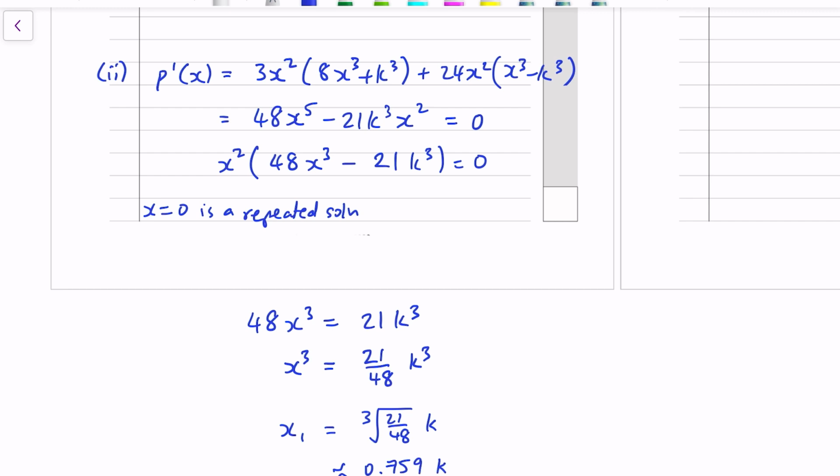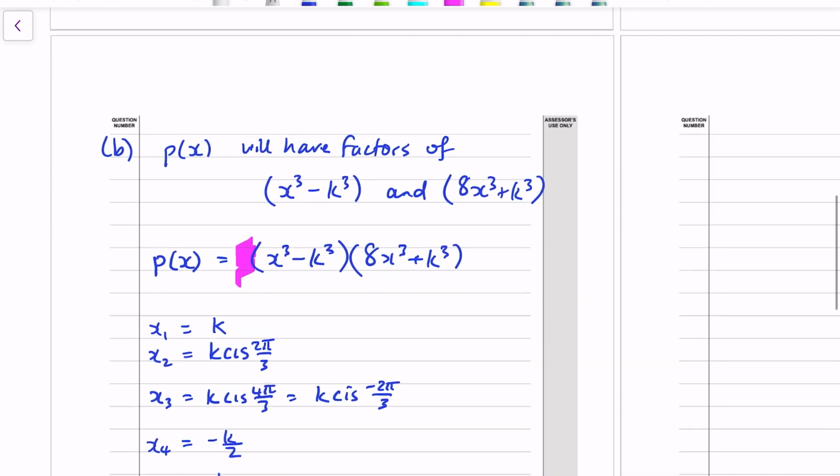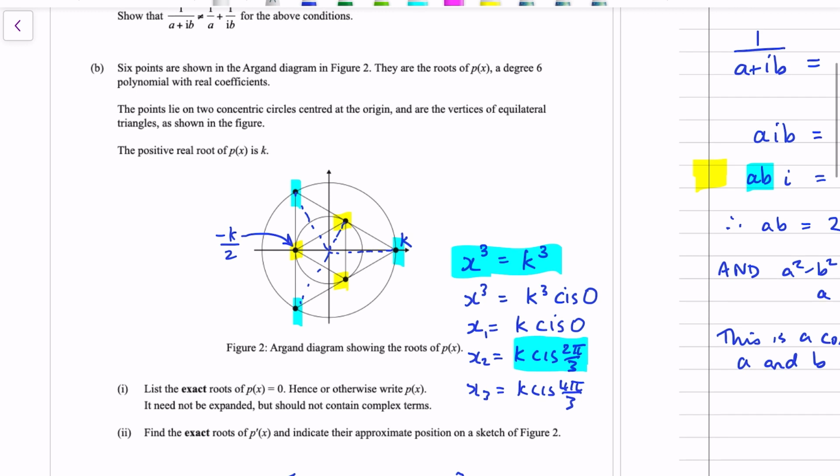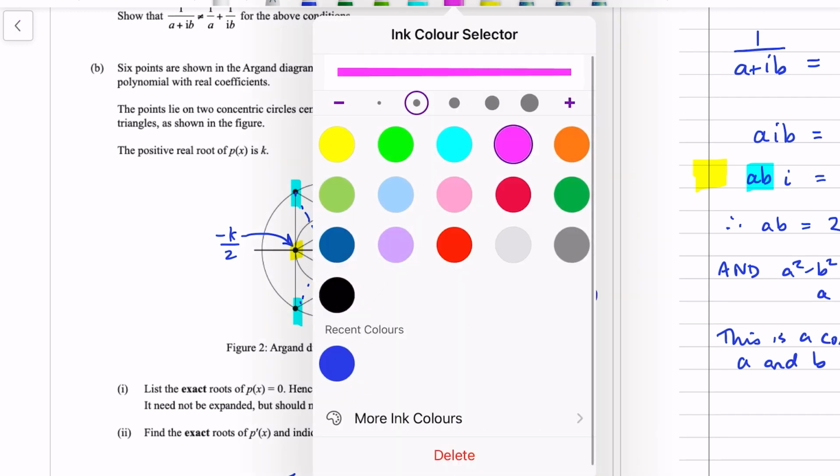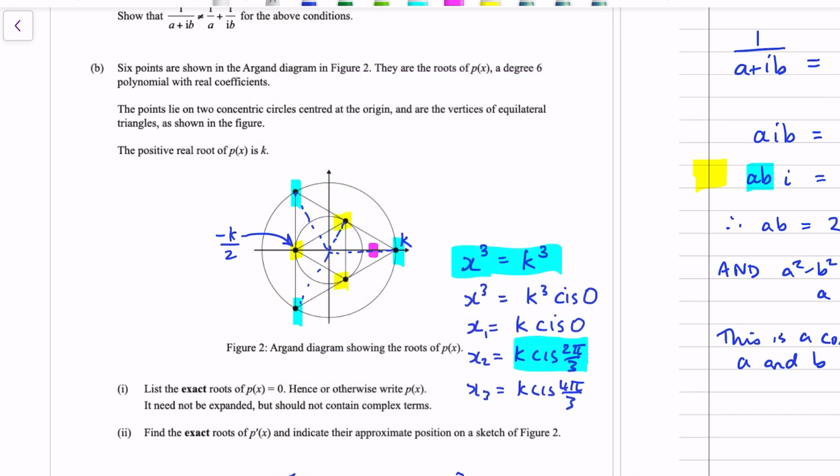And then the other solutions are going to be equally spaced around the origin again, because this equation here is one of those ones, x cubed equals a complex number kind of style. So 0.759k, if we go back to the diagram, is somewhere about there, and then the other solutions are going to be there and there. And in the exam you should copy this diagram into your answer booklet so that it can be marked.